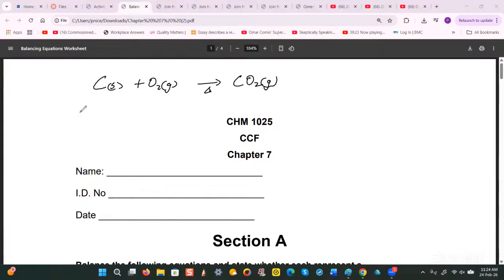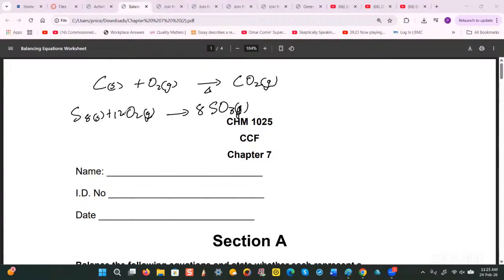Another example would be sulfur, S8, solid, plus O2, gas, to give sulfur trioxide gas. And to balance this, we need an 8 here, and we need an 8 here, 8 times 3 is 24, we need a 12 here.